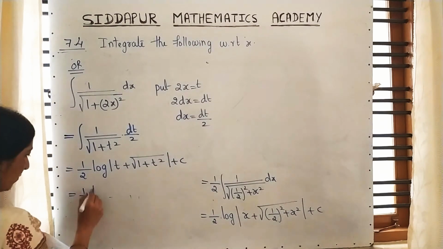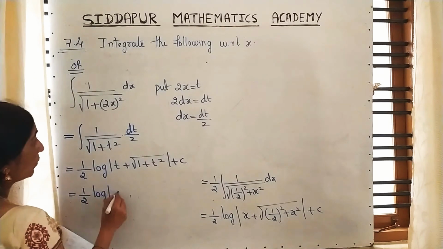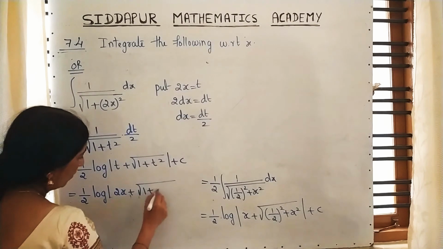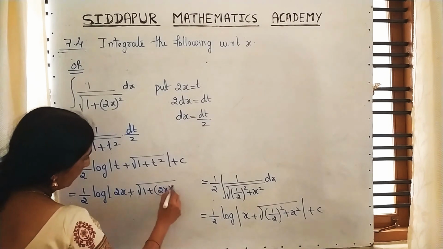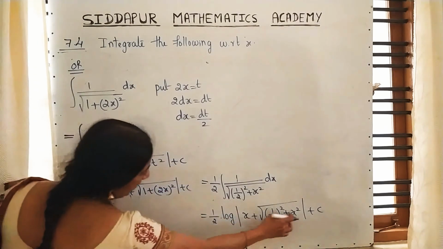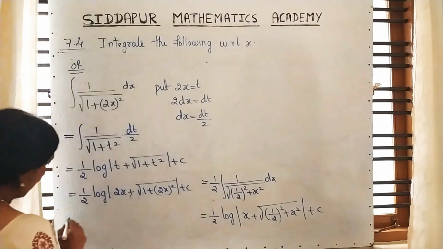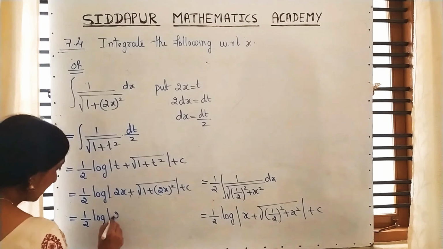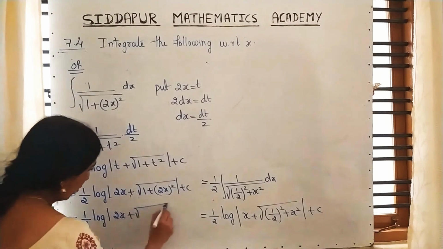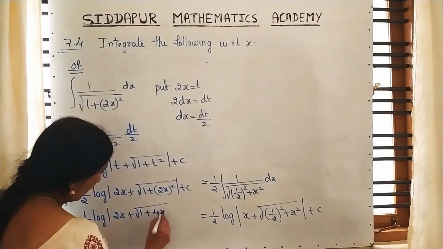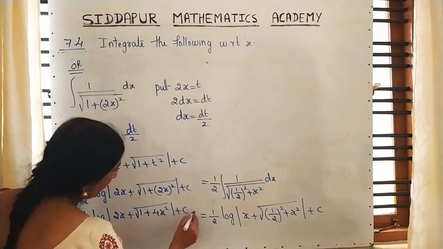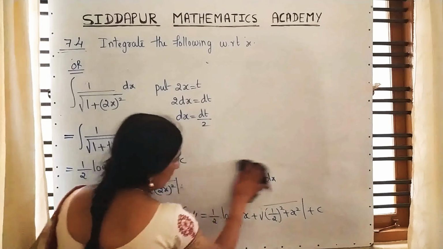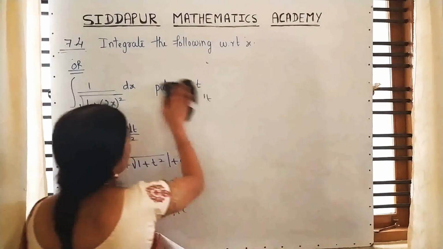This is 1 by 2 log of t value, 2x, plus root of 1 plus 2x whole square. See here also, if you take the LCM and take outside, you will get the same answer. This is 1 by 2 log of 2x plus root of 1 plus 4x square plus c. See, is the sum simple or what? Yes. Moving to the next question, that is question number 3.